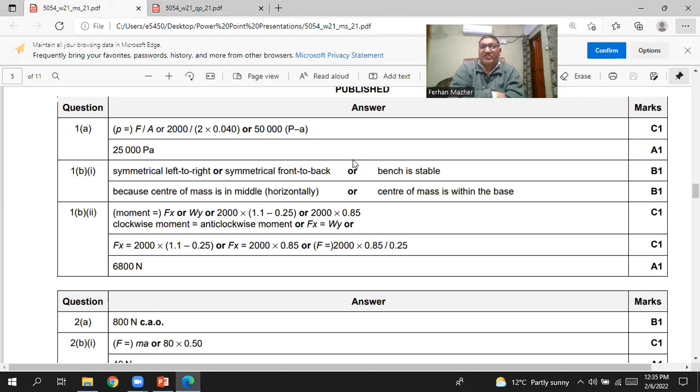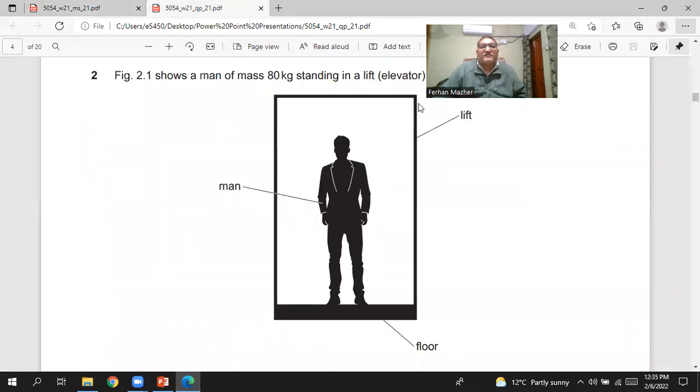You see, I am a teacher, and sometimes I myself can make a mistake. So the best thing is, whether your teacher is providing you an answer, or the answers from any book, compare them with the marking scheme given by Cambridge. Okay, so we are done with question number 1. So let's move to the next question.